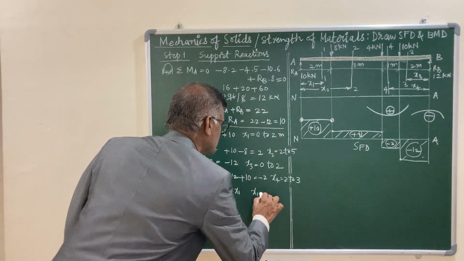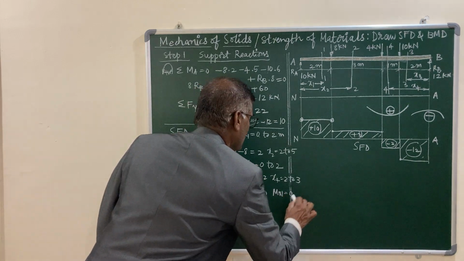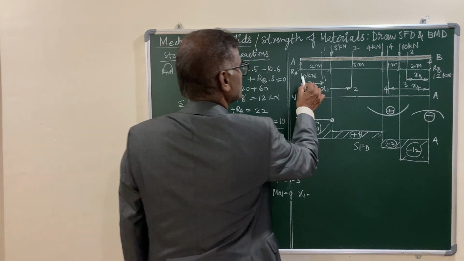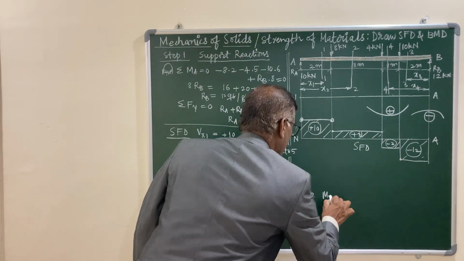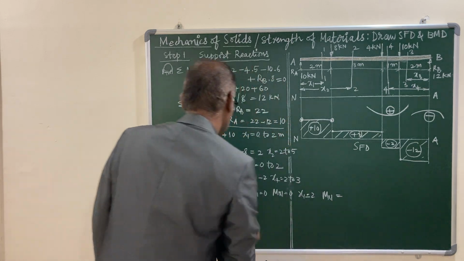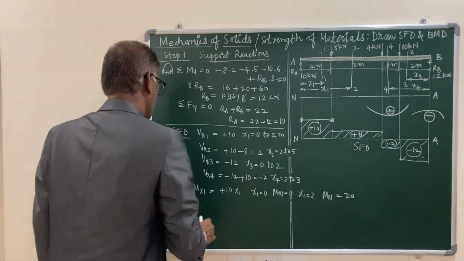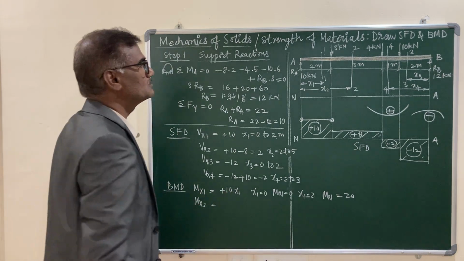Here 10 kilonewtons contributes a smile effect, and it is plus 10 into x1. When x1 is 0, Mx1 is also 0, and when x1 is 2, which is the limit of validity, Mx1 is 10 into 2, it becomes 20. Now let us write the equation for Mx2, that is section 2-2.